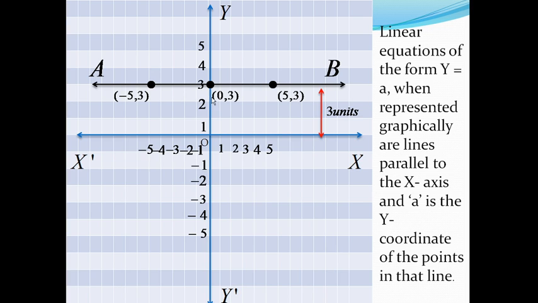What is a here? y is equal to 3 was there. So a represents the y coordinate here. So it will always be parallel to the x-axis. And for x equal to a, the line will be parallel to the y-axis.